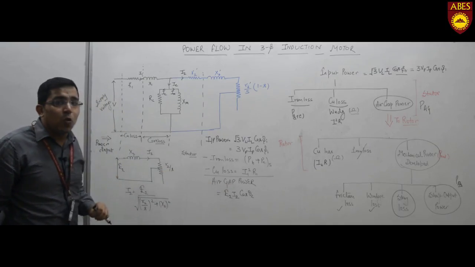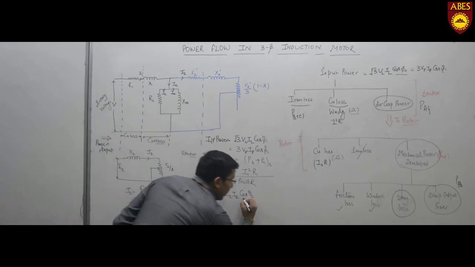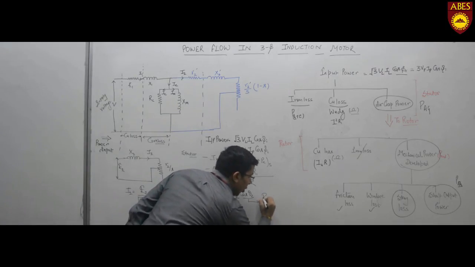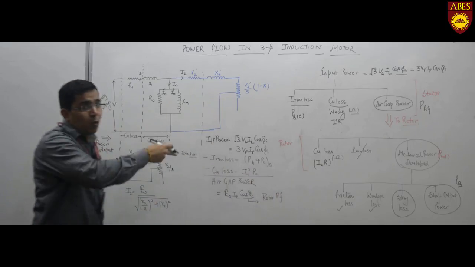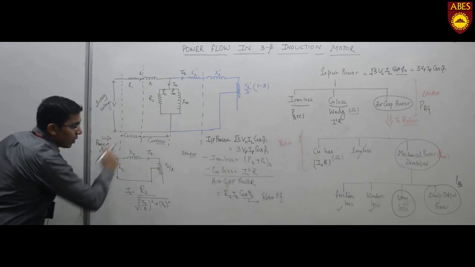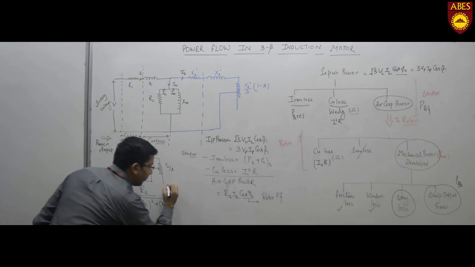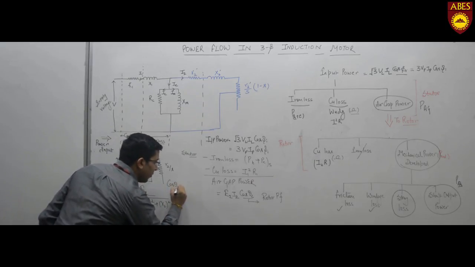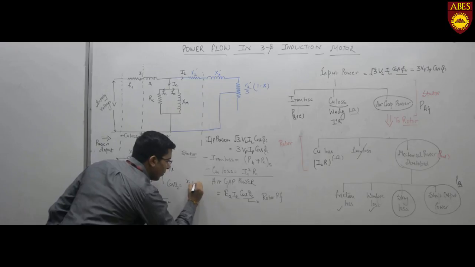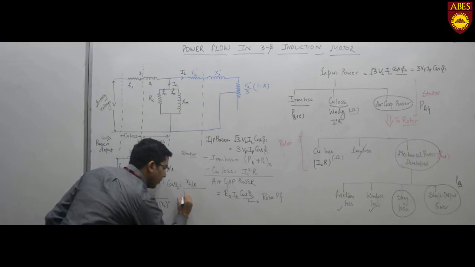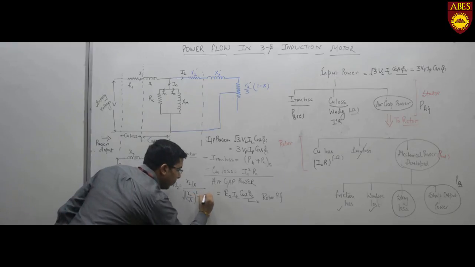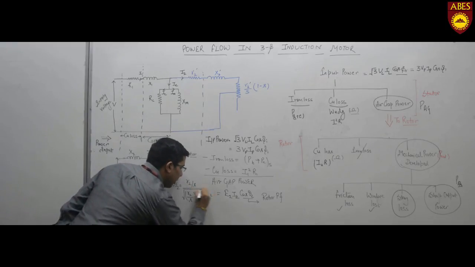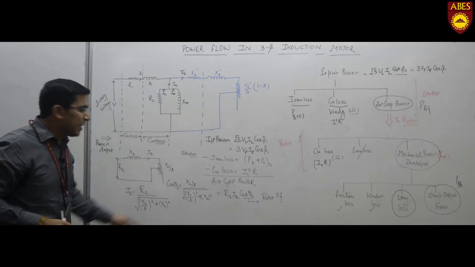Now cos theta 2 represents the rotor PF. Rotor PF can be easily given from this equation by (R2 upon S) upon root of (R2 upon S) whole square plus X2 square.